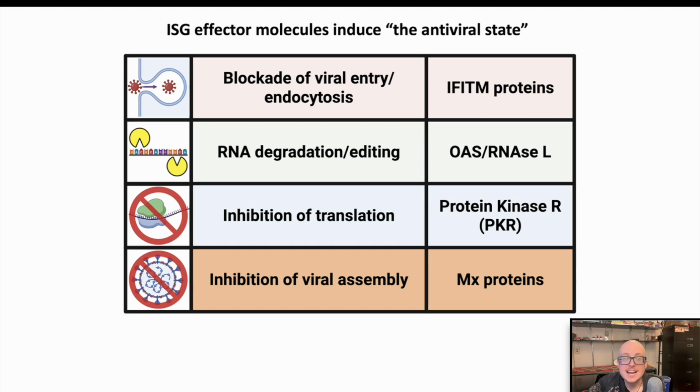However, assuming the virus has gotten into the cell and it is infected, there are still other things that we want to do. One is we usually turn on processes associated with RNA degradation and RNA editing. And a major effector molecule that accomplishes this are OAS proteins, which activate a molecule called RNase L. From the name RNase, you might be able to gather that it's a nuclease enzyme. It's going to chew up RNA and degrade it.